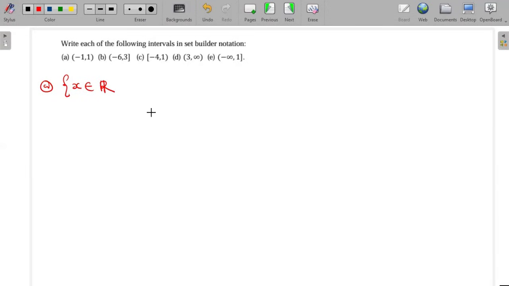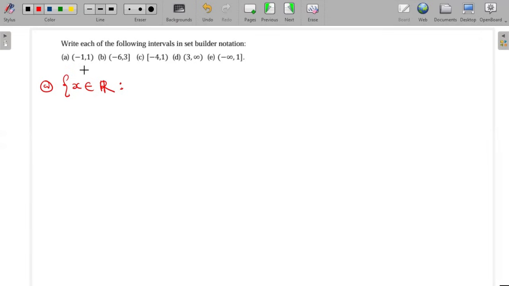As I mentioned, the numbers which make up the real numbers, the irrational numbers, the rational numbers, the natural numbers, and the integers, all make up the real numbers. So here you say x, a member of real numbers, such that x is in between -1 and 1.